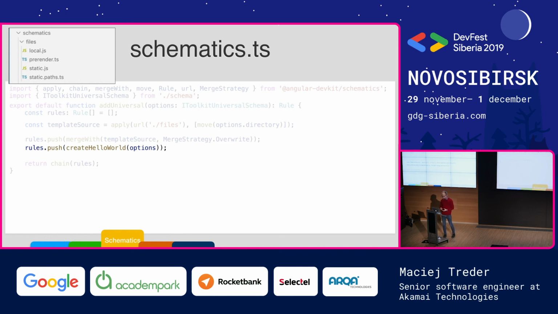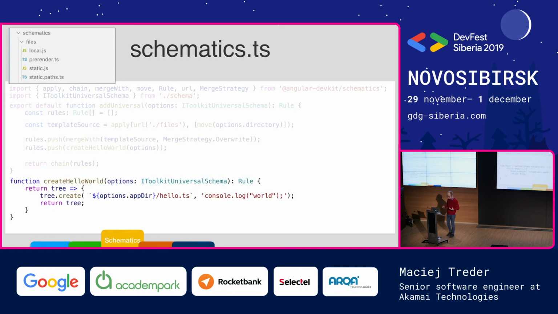Another one is creating just some random thing or more generic, basing on the options. On our end, we are just calling the create hello world, which is creating the hello world TS file with some console log inside.